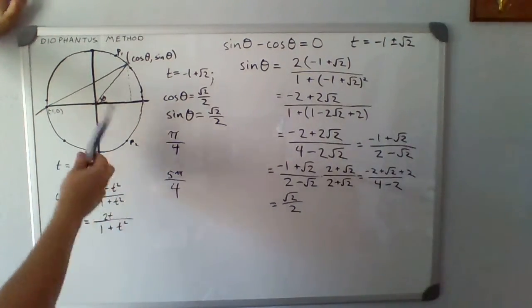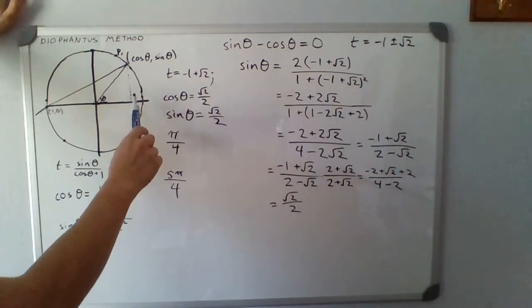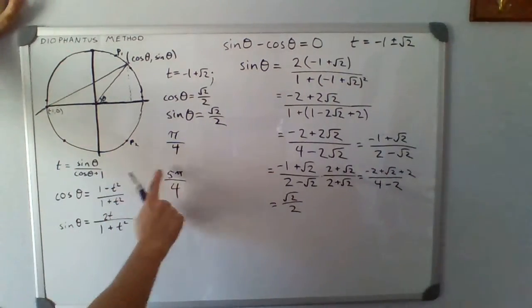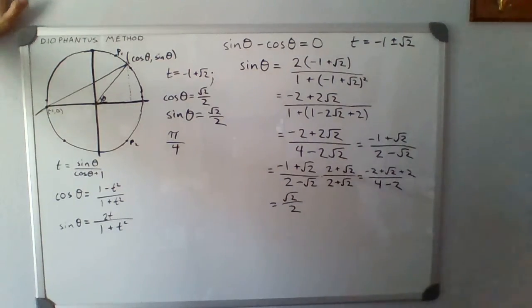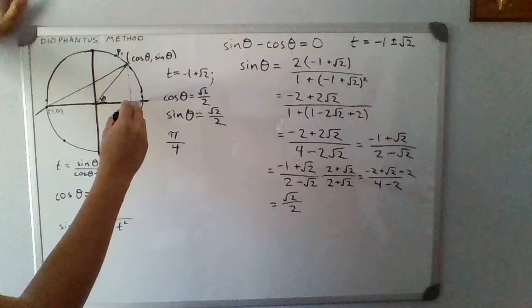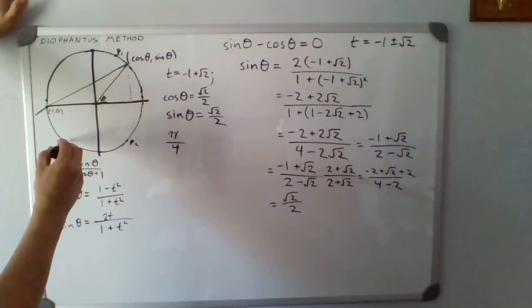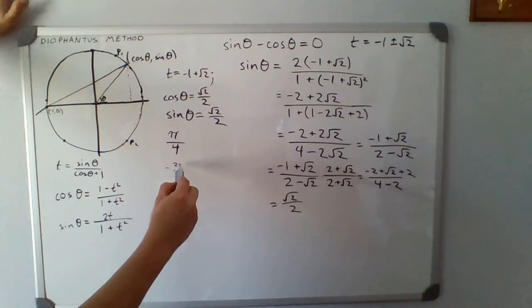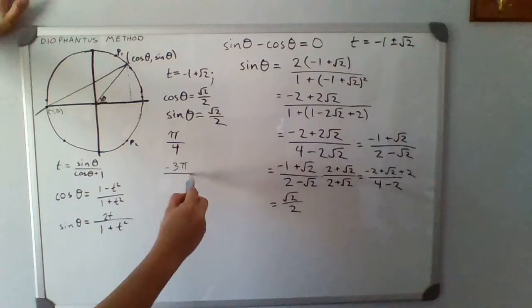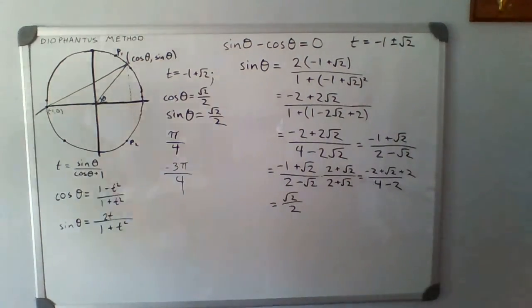But actually, if you're familiar with the unit circle, in this case, I guess we would want to say negative 3/4 pi. 3 pi divided by 4. Alright.